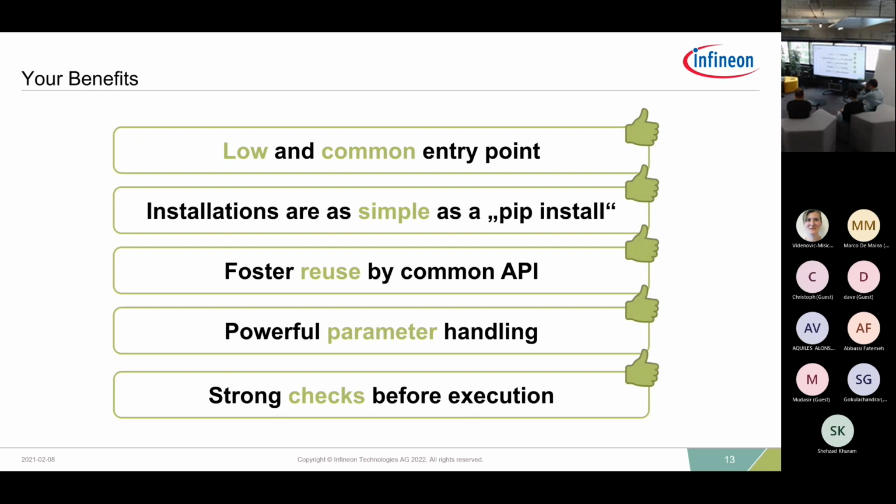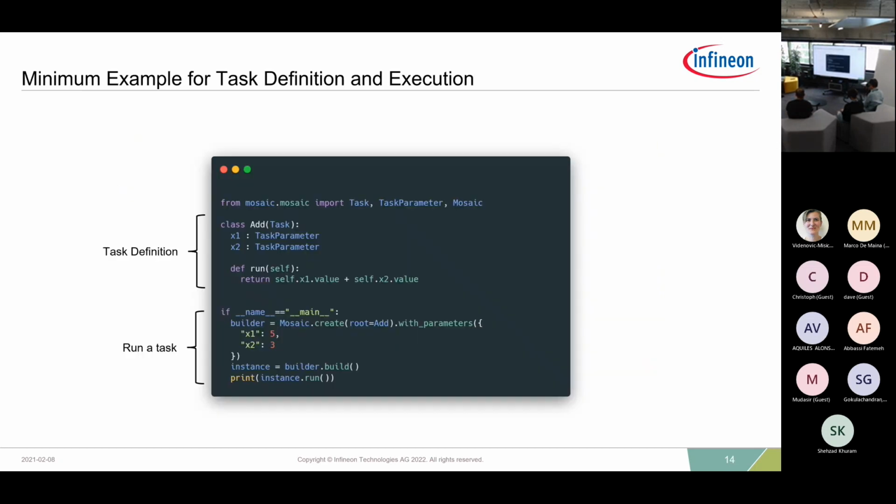Exactly. So this is just now a teaser. I don't want to go into too much detail, but what you can see here is a very minimalistic example. So you import from MOSAIC, you create this class. We just have a dummy adder class here that inherits from a task. Everything is a task.